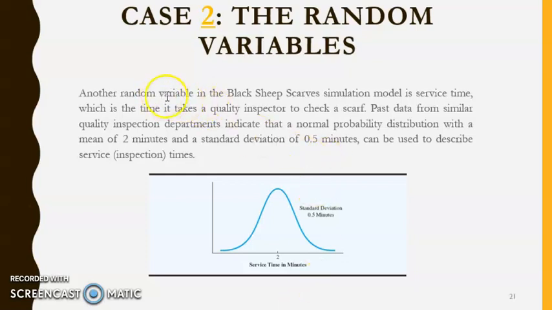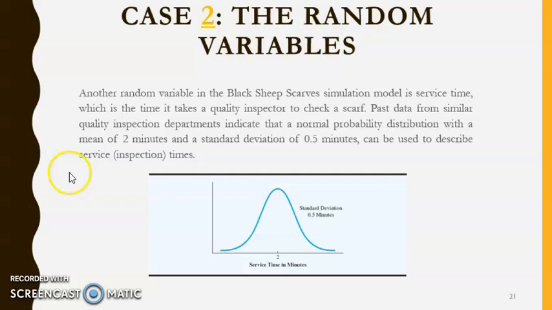Another random variable in the black sheep scarf simulation model is service time, which is the time it takes a quality inspector to check a scarf. Past data from similar quality inspection departments indicate that a normal probability distribution with a mean of 2 minutes and a standard deviation of 0.5 minutes can be used to describe service time, that is inspection times.